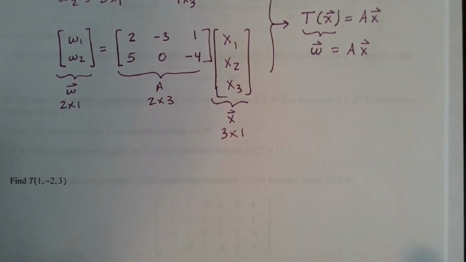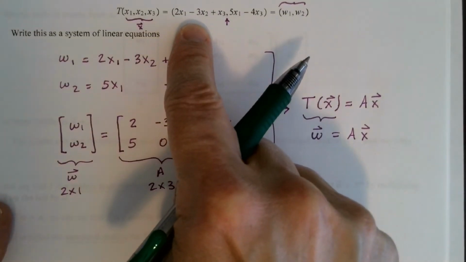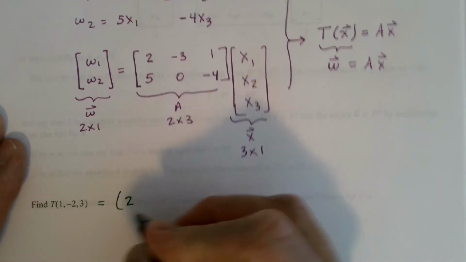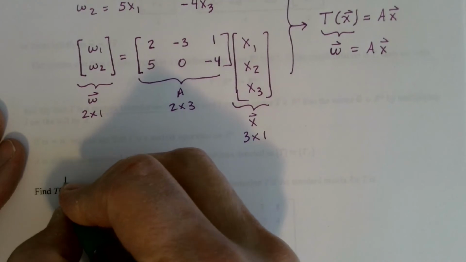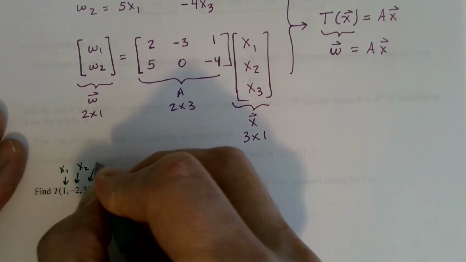Okay. Well, there's two ways to do this. One, I can go up and just use this right here and say it is equal to 2 times x1. And what is x1? Well, this is x1, this is x2, and this is x3.